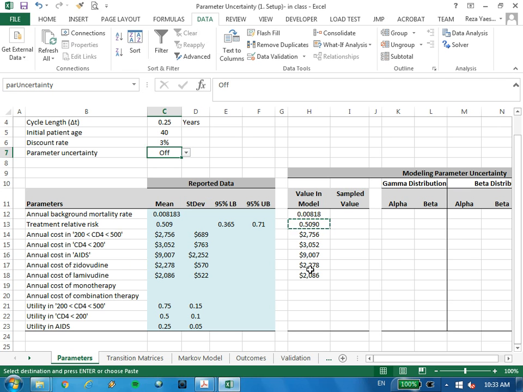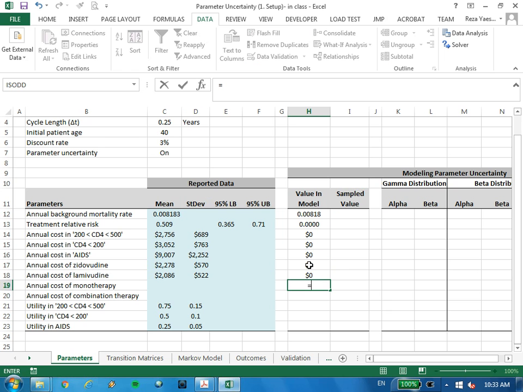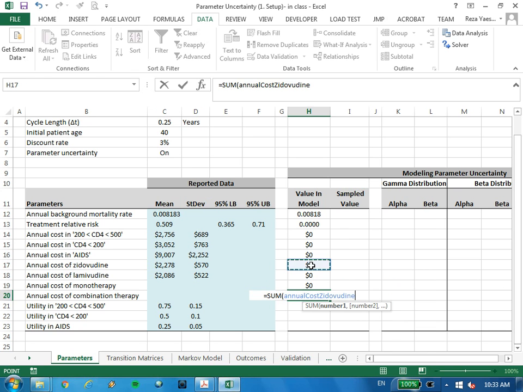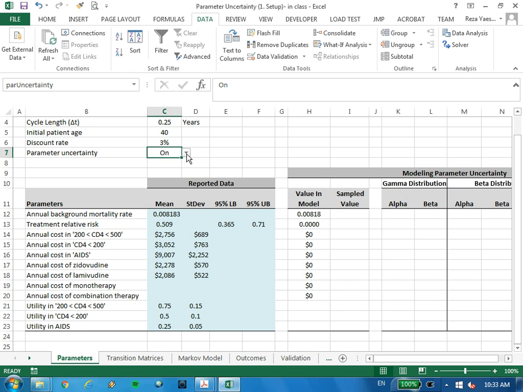And if I turn it on, then I will use the samples that will be generated on these columns. Okay. So remember, the cost of monotherapy is just equal to the cost of first drug. The cost of combination therapy is the sum of two drugs. So turn it off. This is what we get.